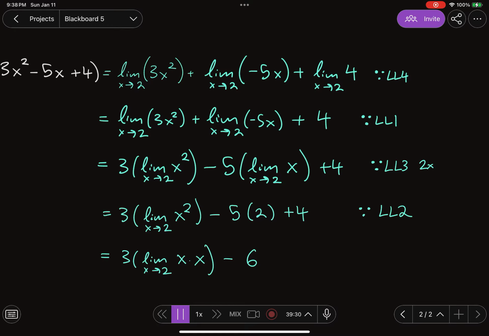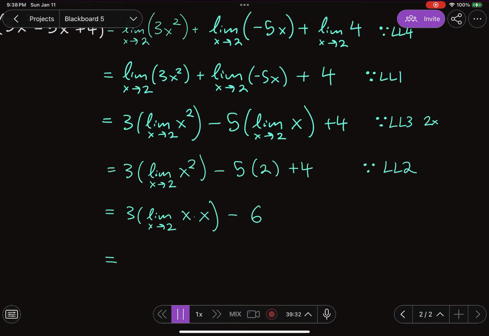Why did I write x squared as x times x? Because now I can show you that the limit of a product is the product of limits. So it's kind of like I distributed this limit to both x's.